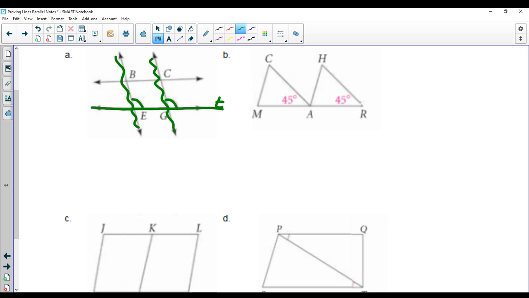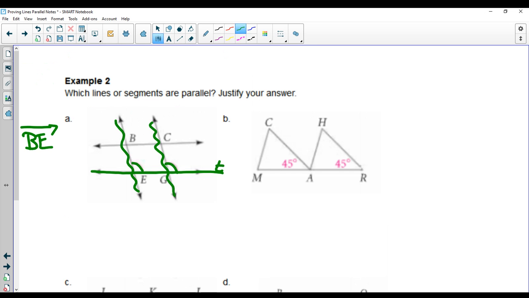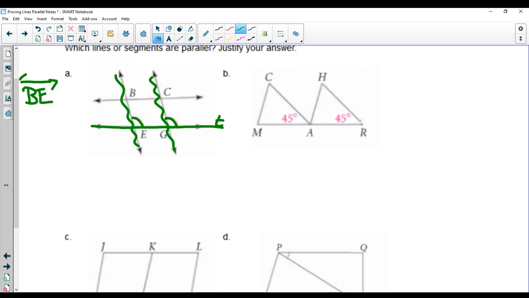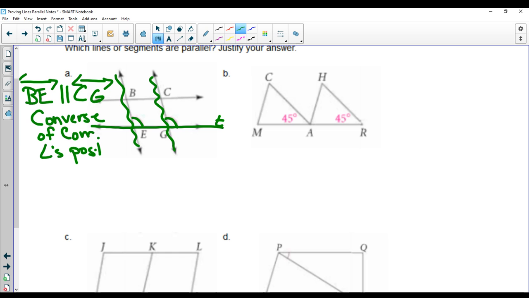We would say line BE is parallel to line CG. How do we know that? We use the converse of the corresponding angles postulate.